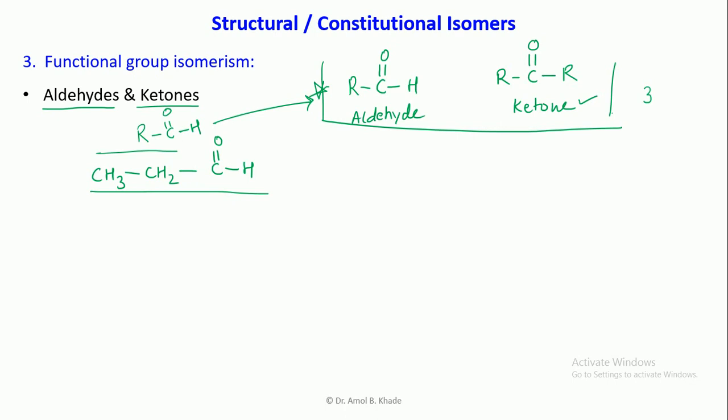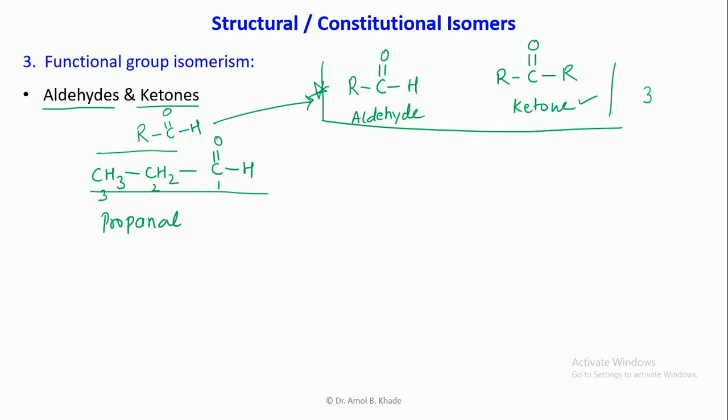Which aldehyde is it? Numbering will start with the carbon of the aldehyde group. This will be 2 and this will be 3. So it is propane, and because of the aldehyde group we have the suffix al. So it is propanal. The name of this compound is propanal.